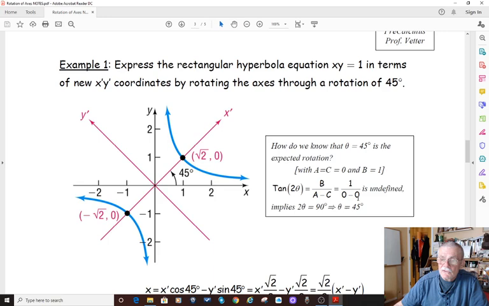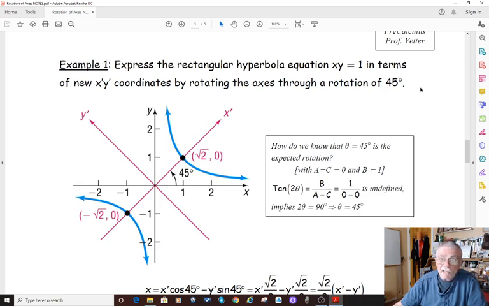B is a 1, a and c are both 0. And 1 over 0, of course, is undefined. And we're supposed to know from our basic graph of the tangent curve that tangent is undefined at odd multiples of pi over 2, odd multiples of 90. So 90 and 270 and so forth, negative 90, negative 270. But in the world that we're in, we're looking at 90. So therefore 2 theta is 90, theta is 45.